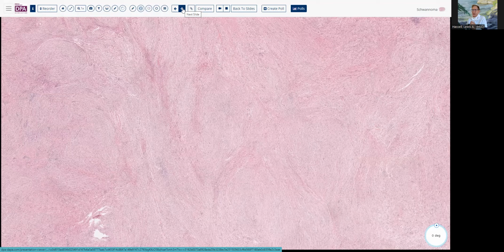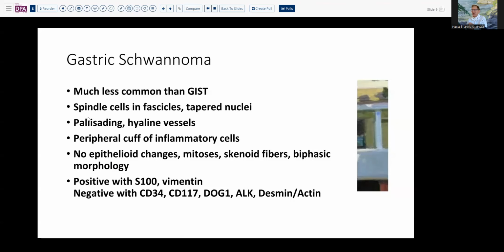And so, in fact, the immunohistochemistry on this case was strongly supportive of that, showing positive S100 staining and negative reactions with CD34, a possibility for solitary fibrous tumor, negative with GIST markers, CD117, DOG1, negative for ALK, and negative for desmin or any of the actins.